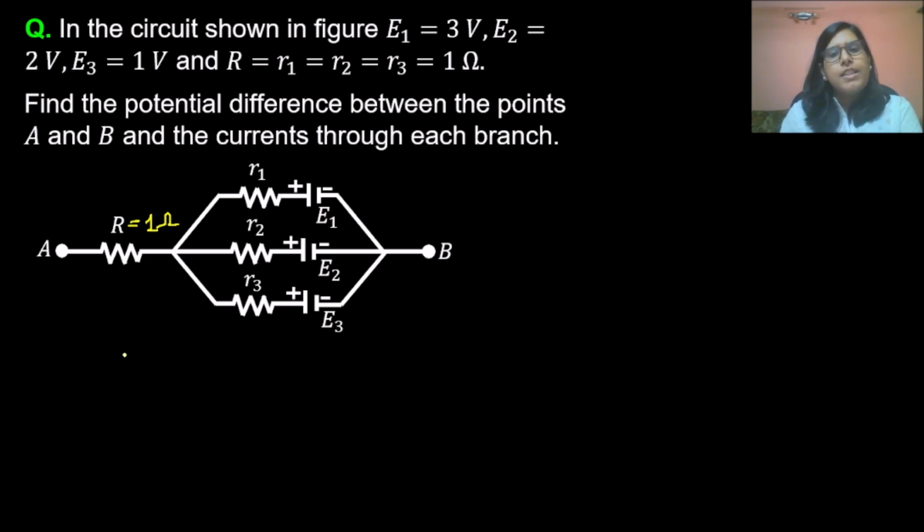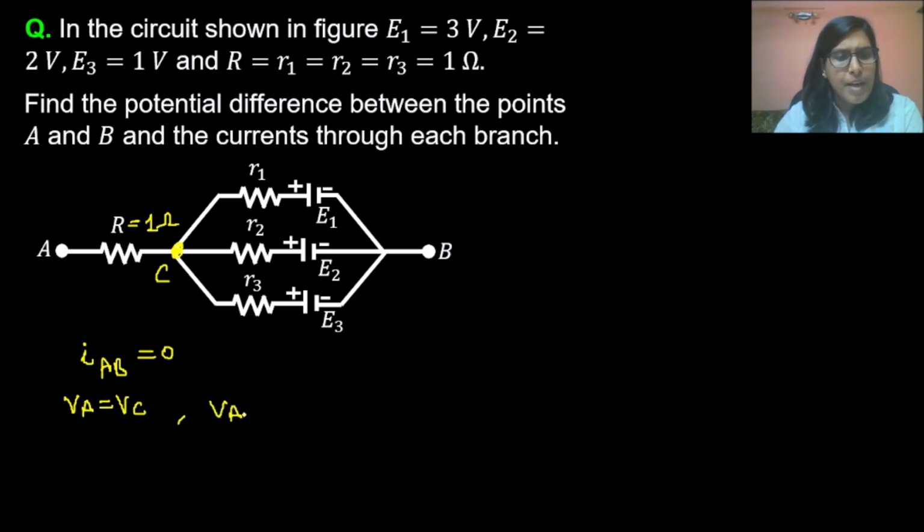First of all, this is an open circuit, that means the current I AB equals 0, that means current in this resistance is 0. So if this point is C, we can say VA equals VC. So VA minus VB equals VC minus VB.